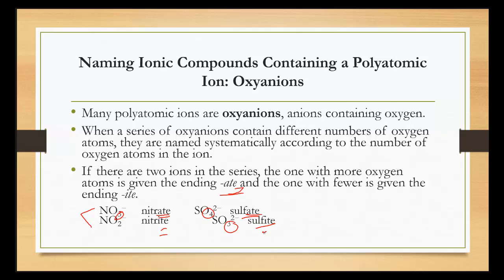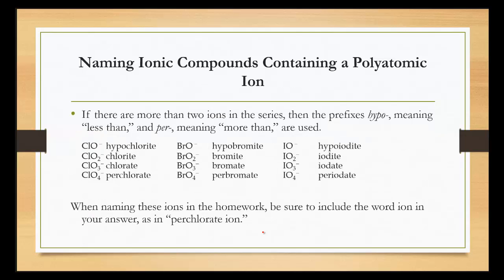If there are more than two ions in the series, then the prefixes hypo, meaning less than, and per, meaning more than, are used. For instance, we have 1, 2, 3, 4 oxygens here for chlor.